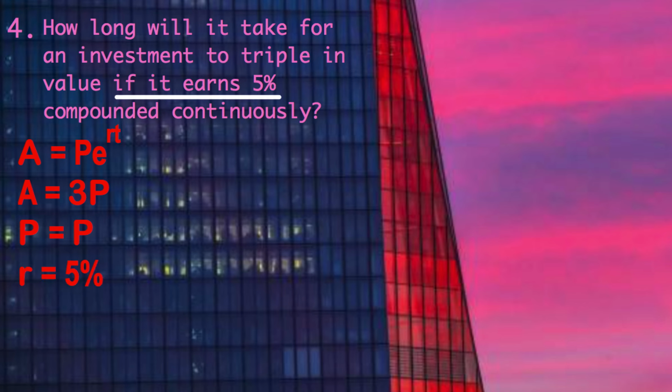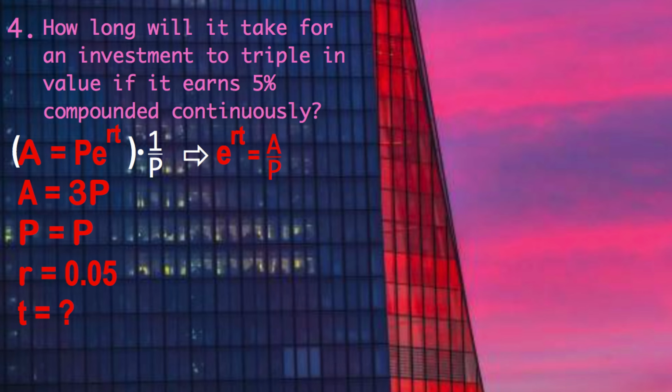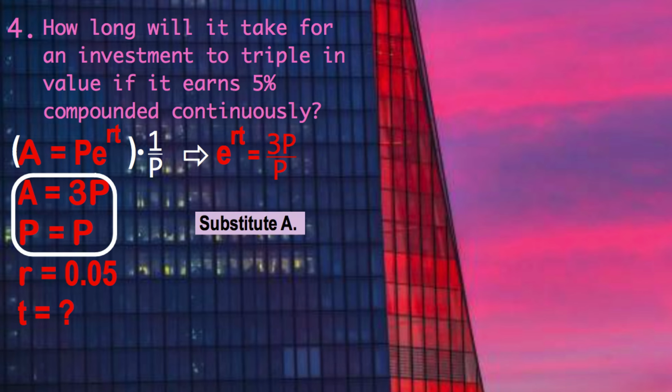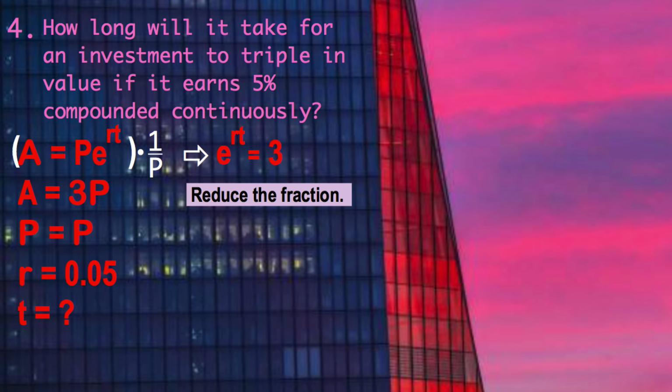This is an equation with 4 variables, and to solve for the variable t, we multiply both sides of the equation by 1 over p. Thus, e raised to the power rt equals a over p. Substitute in a and reduce the fraction to obtain e raised to the power rt equals 3.